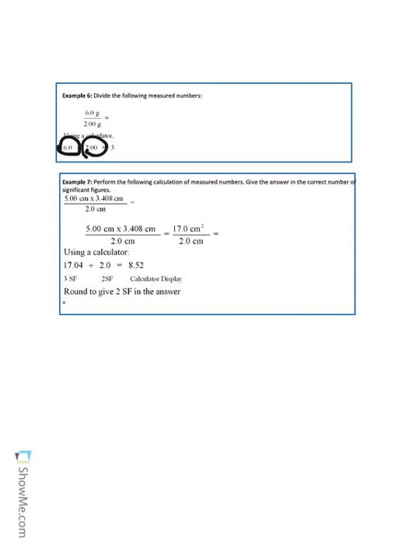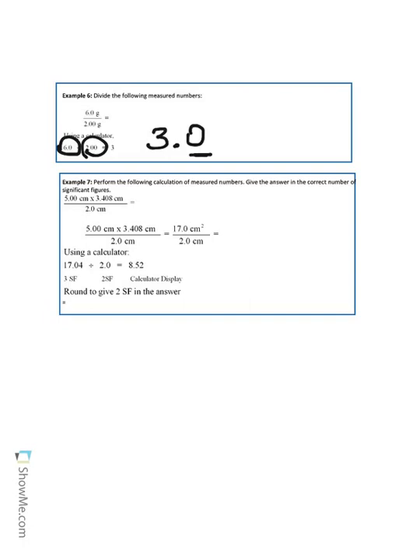Your answer should have 2 significant figures, but your calculator only gave you 1. In that case, you add a decimal point and as many zeros as you need to get to the correct number of significant figures. Remember, a trailing zero is always significant when there's a decimal point. So adding a decimal point and zeros automatically adds significant figures to your answer.